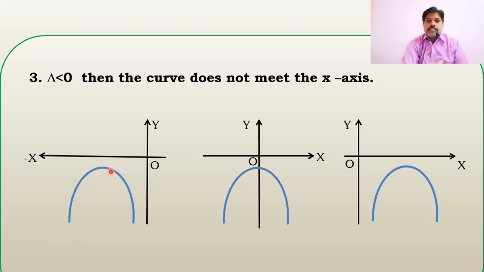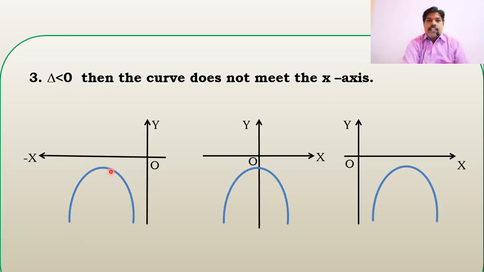Next, what three cases arise? If a is less than 0, the given expression represents a parabola, the lower parabola. If a is greater than 0, it represents the upper parabola.